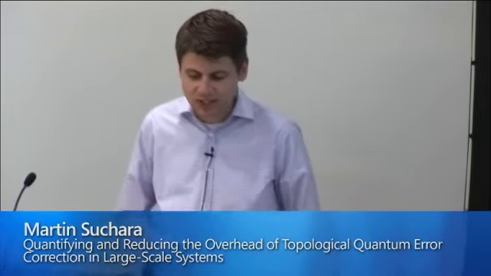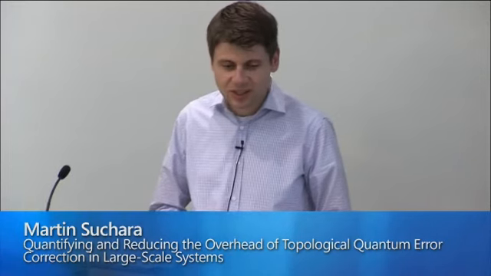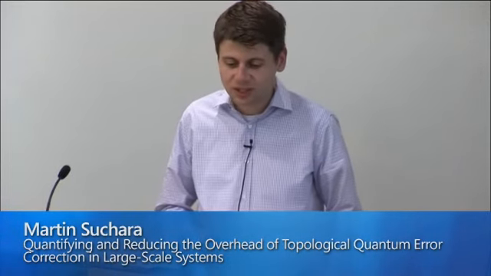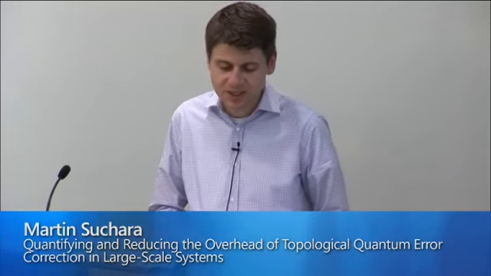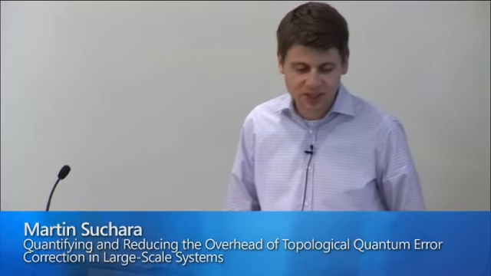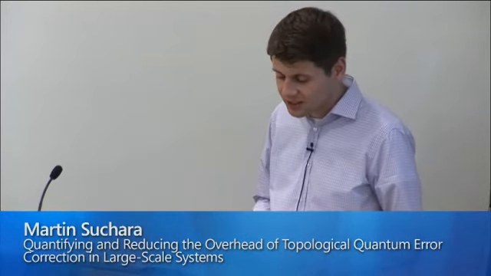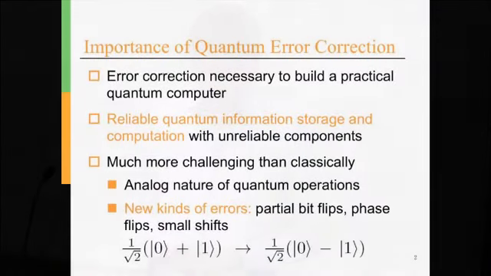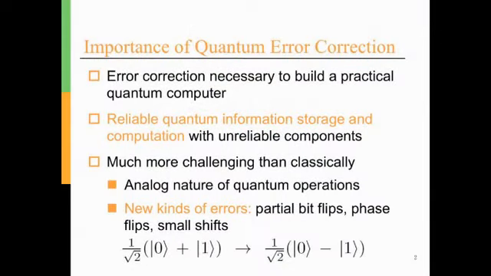Today I'm going to talk about quantifying the resources needed to do real-world computations on a quantum computer using the topological and concatenated error correcting codes. Quantum error correction is, of course, a very important problem. We cannot build a quantum computer without it.